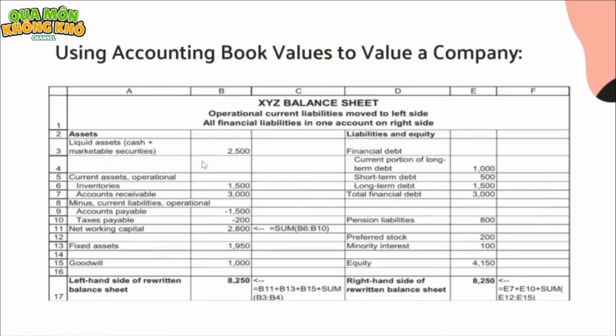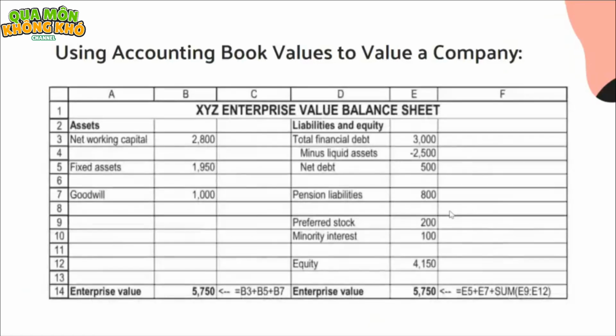When we're done with this stage, this balance sheet will have all the firm's producing assets on the left side and all of its financing on the right. The firm's enterprise value, defined as the worth of the firm's operational assets, will appear on the left-hand side of the resulting balance sheet. And these are the assets that provide cash flow for the company's actual operation.